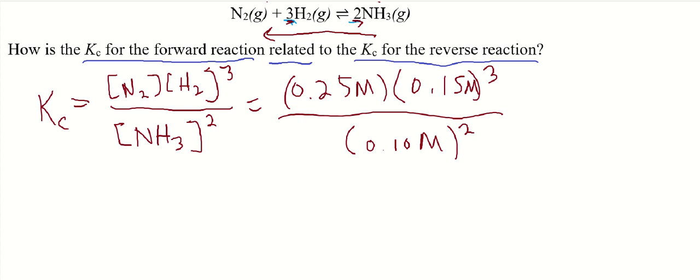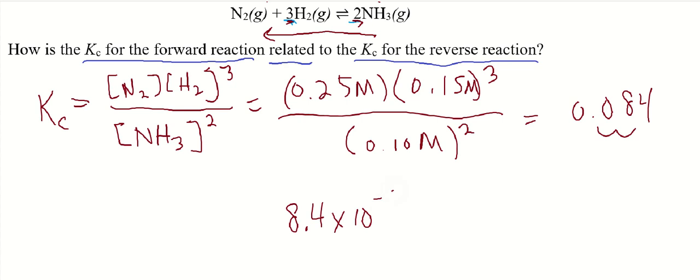All right, so I get 0.084, rounding to two sig figs, or if you want to write that in scientific notation, it's 8.4 times 10 to the -2, and that's going to be your equilibrium constant in the reverse direction.